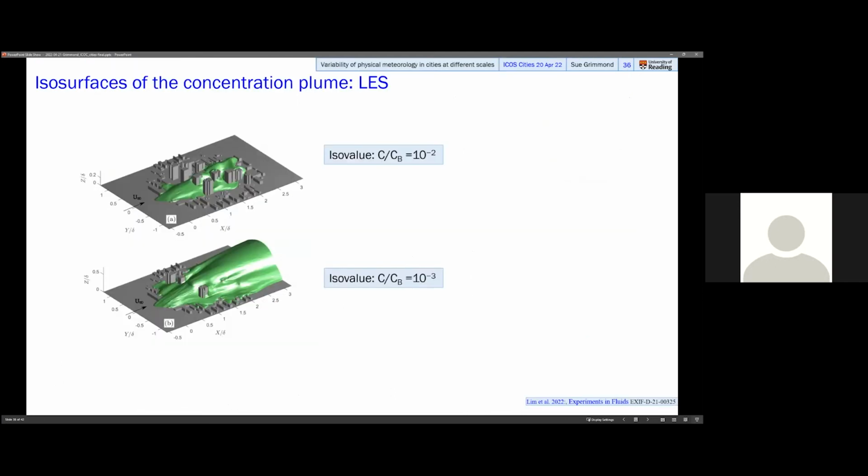The large eddy simulation can also be used to look at the variations in concentrations between different levels. So here we're looking at isosurfaces from the point where the dye is being emitted, and we can see higher concentration closer to the surface, and then as we go further away from the surface, we see lower concentration.